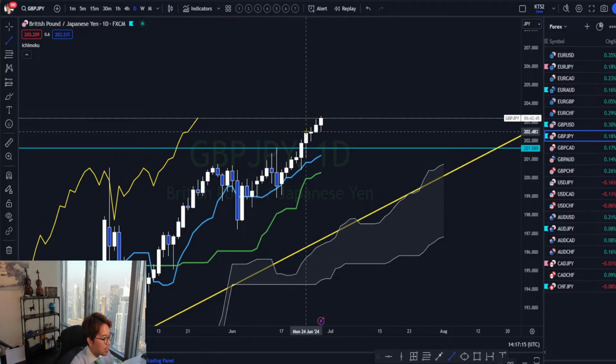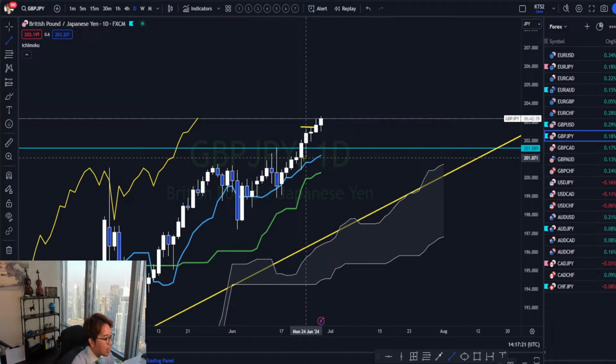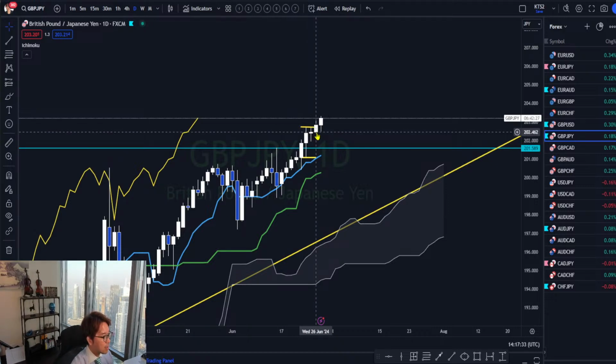And this is called an inside bar breakout. The previous candlestick's high and low included the next candlestick, and the two candlesticks after, in this case, broke higher. And today is also bullish.